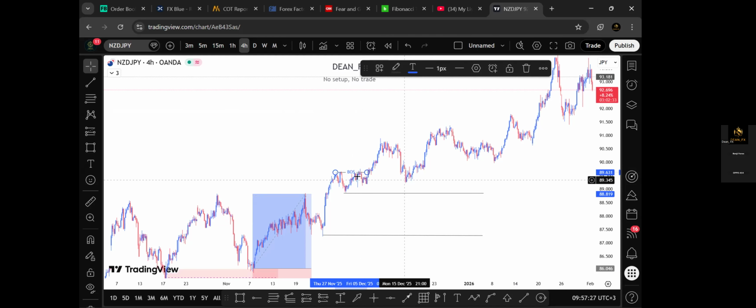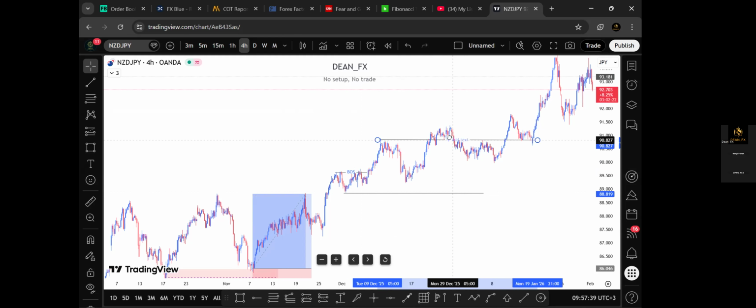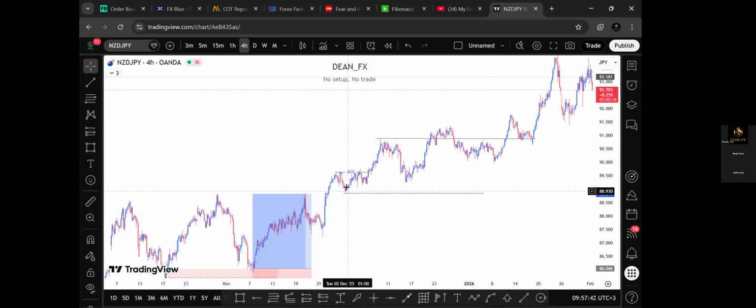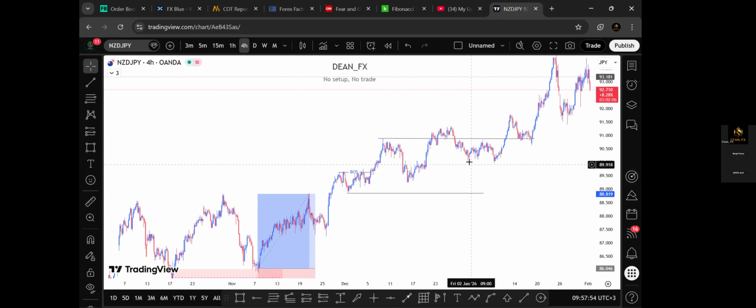When price broke this structure, it created another high here. So I'll carry this one. So price here created another high, pulled back, another low, then broke this structure, then came back into the structure. So price usually moves in that way.